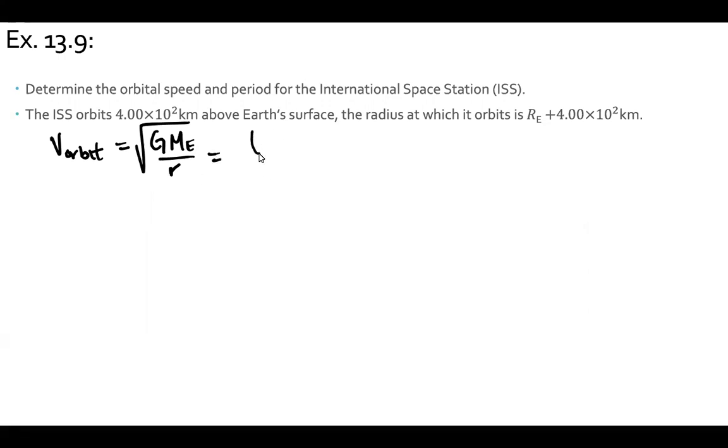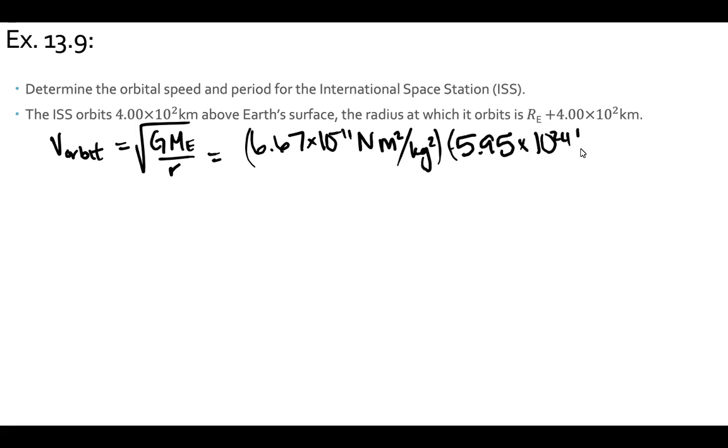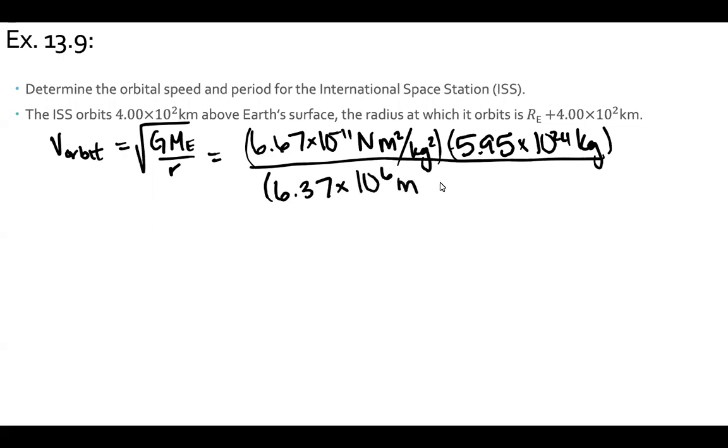So that will be equal to 6.67 times 10 to the negative 11th newton meter squared over kilogram squared, times the mass of Earth, which is 5.95 times 10 to the 24th kilograms, divided by our radius, which is going to be the radius of Earth, 6.37 times 10 to the 6 meters plus 4.0 times 10 to the 3rd meters.